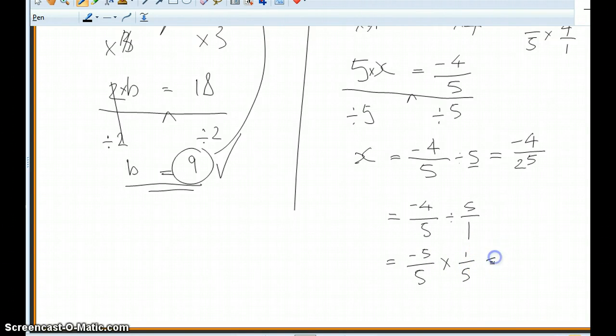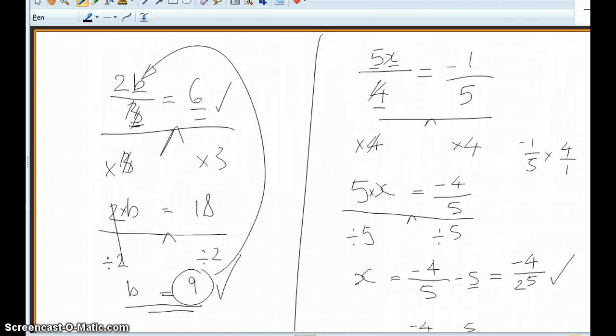I got a few frowns. So multiply across the top, multiply across the bottom. Whoops. That should be a 4, shouldn't it? Okay, so and again, you should check your answer. 4 over 25 goes in here.